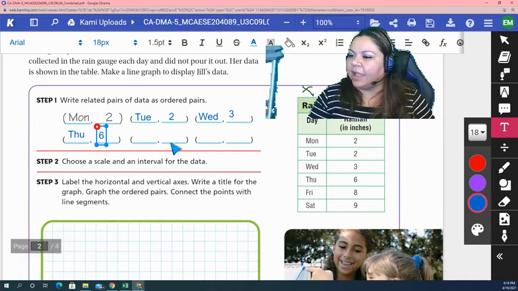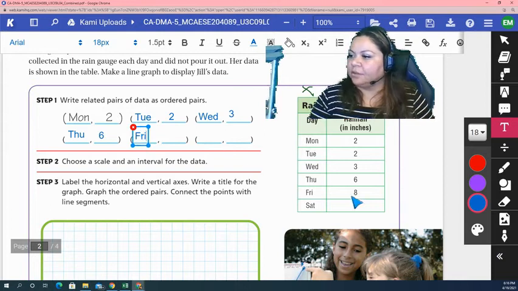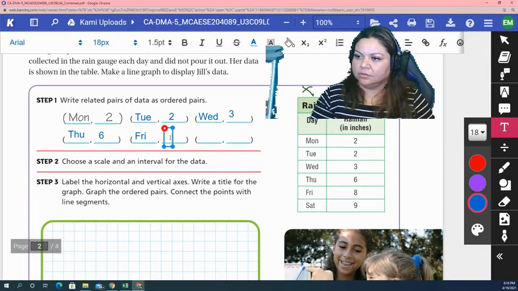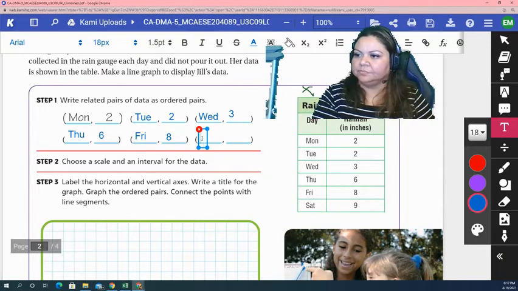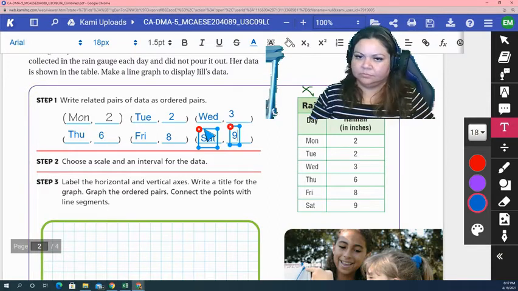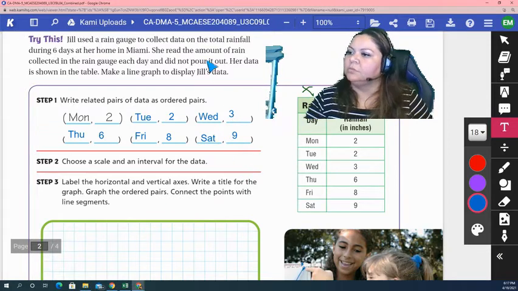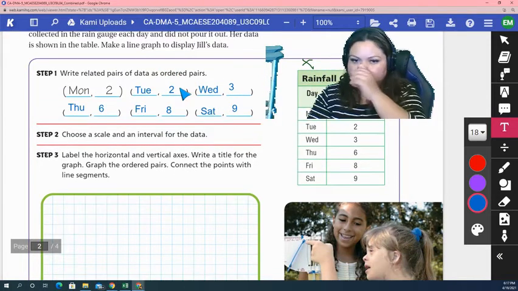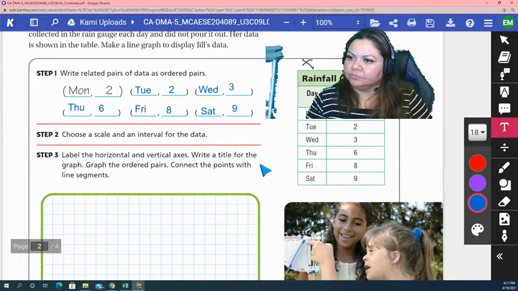And then we have Friday, we had 8. And then Saturday, 9. So now we have our information.